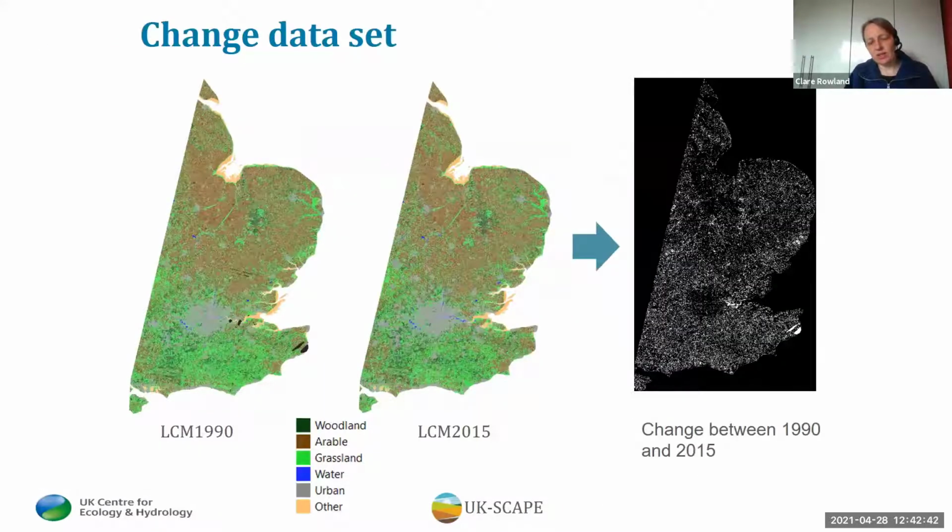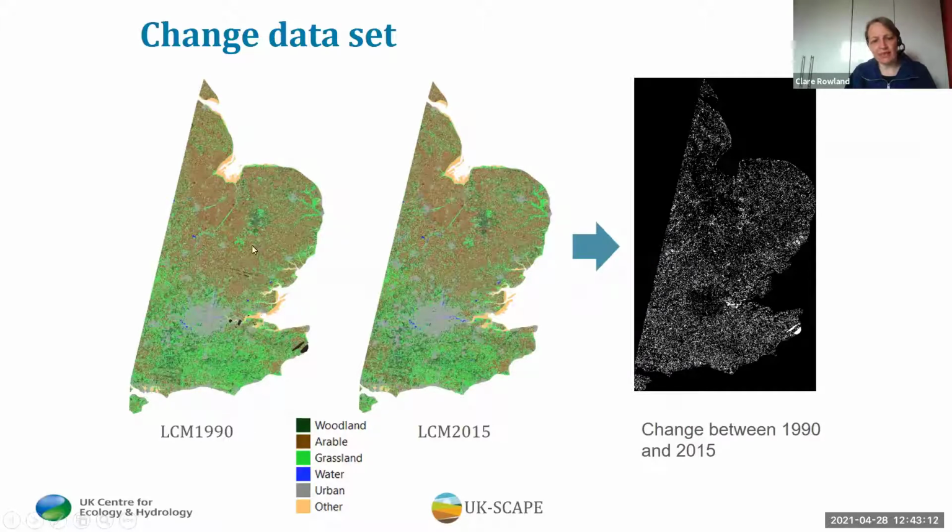Now, I mentioned earlier that one of the limitations with mapping change was the consistency between the land cover maps. There are still issues with how accurately we can classify land cover. So for our change data set at the moment, we take our full land cover map, which has 21 classes, and convert that to 6 simplified classes: woodland, arable, grassland, water, urban, and another class, which is mainly coastal.